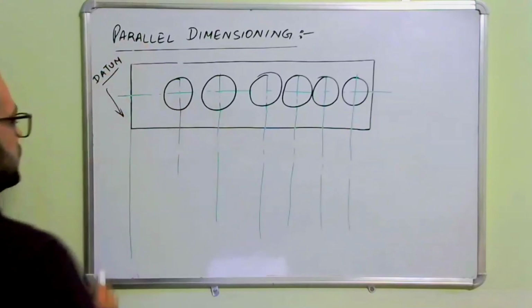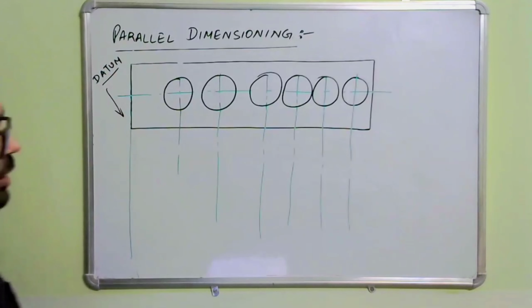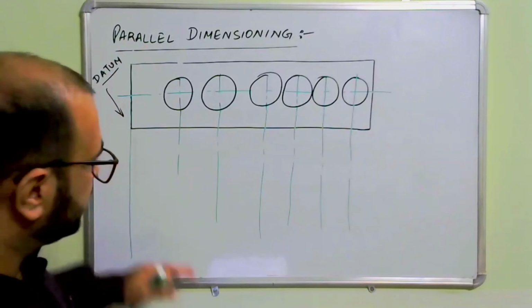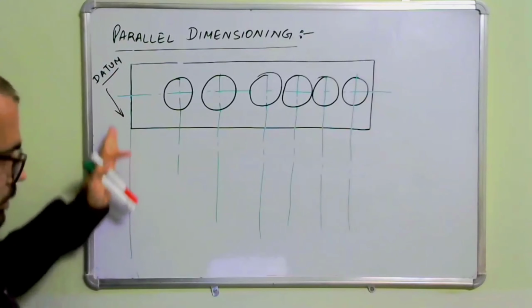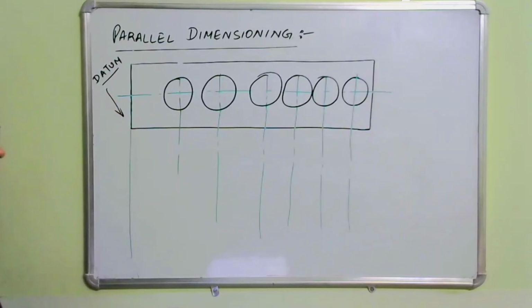Basically in parallel dimensioning, all the dimensions are measured from a single datum surface.